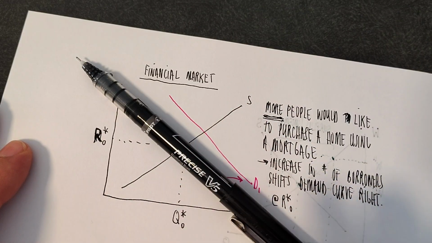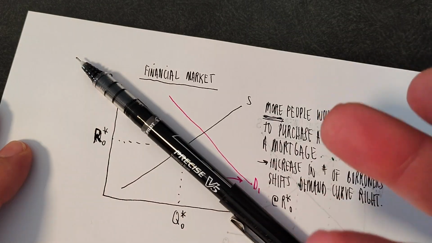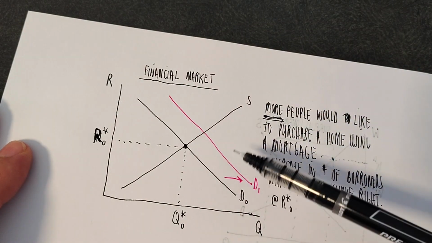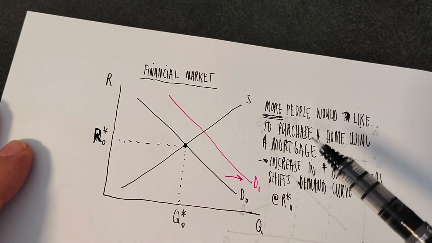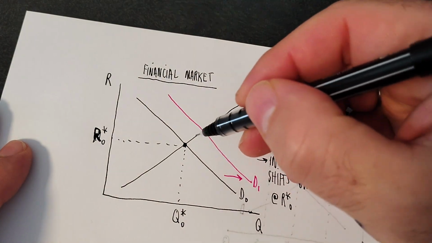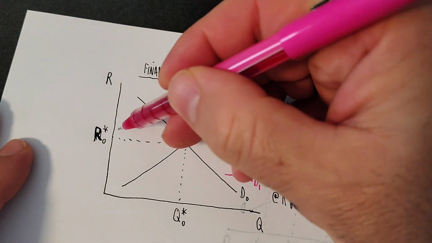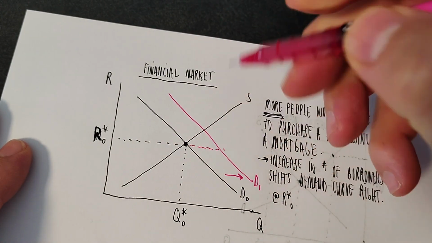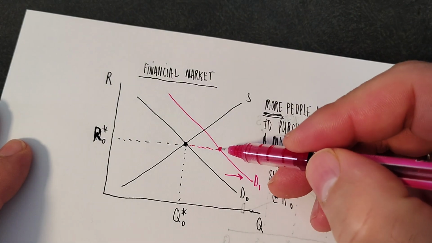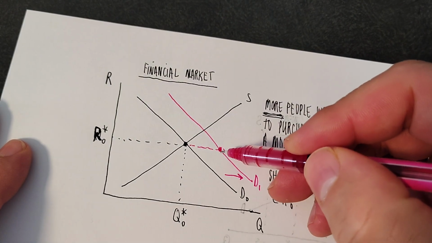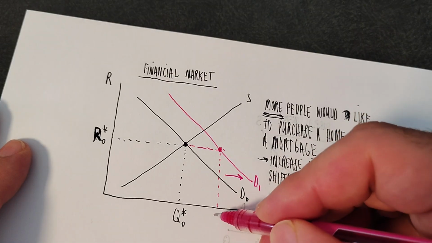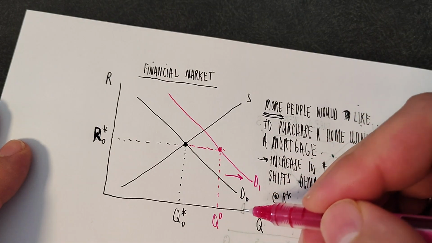So now how do we show, though, we have to prove it to ourselves that the interest rate's going to rise? Okay, well, we have to look at the argument about a shortage versus a surplus, all right? So here, this is the new quantity demanded. So at R star 0, the quantity demanded goes on to the new demand curve. And that's going to be down here. This is QD1.